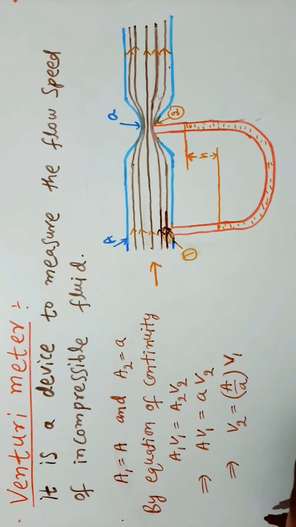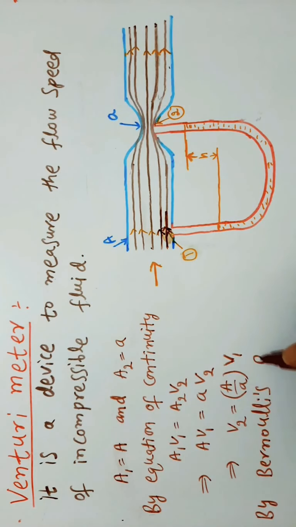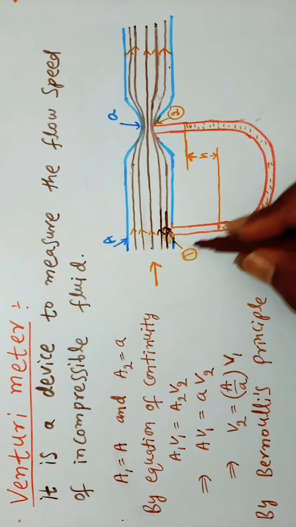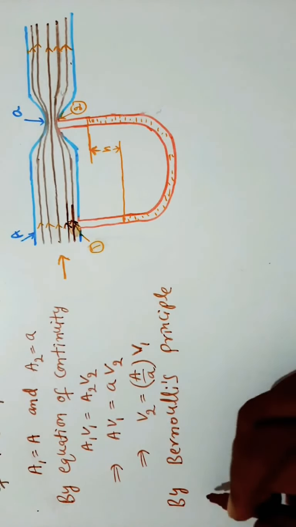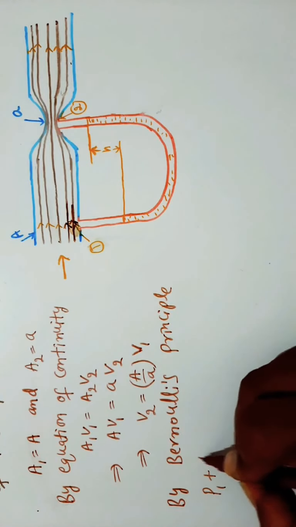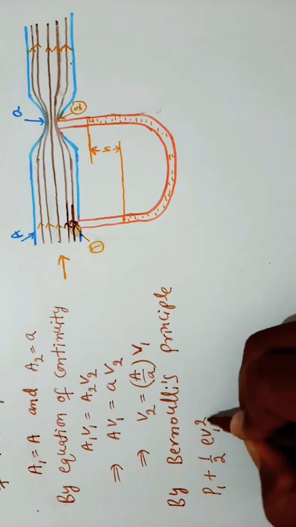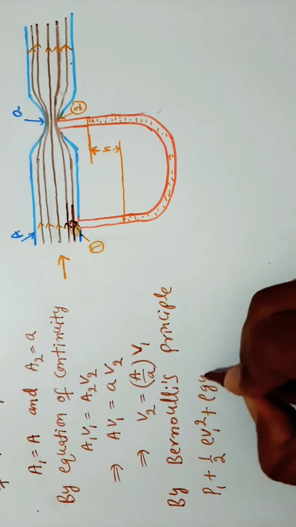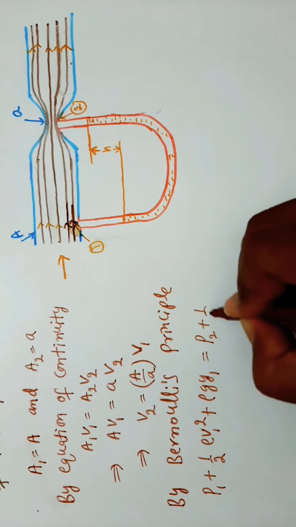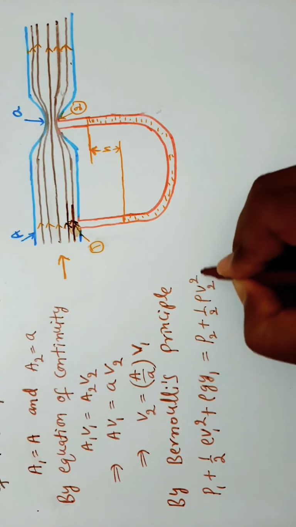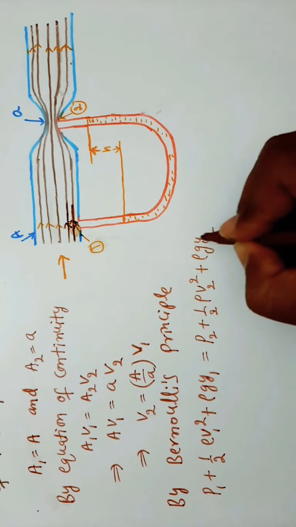So by Bernoulli's principle, at point 1 and point 2 we can write P1 plus 1/2 rho V1 squared plus rho g Y1 is equal to P2 plus 1/2 rho V2 squared plus rho g Y2.